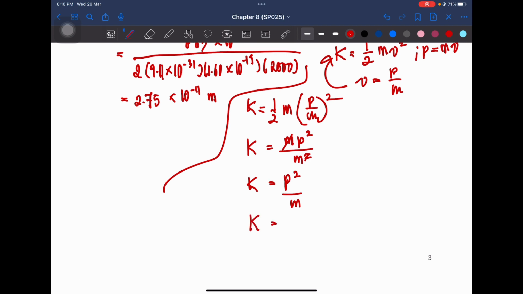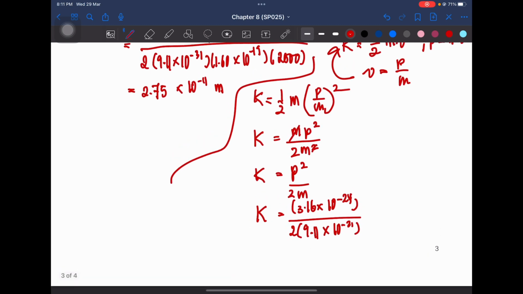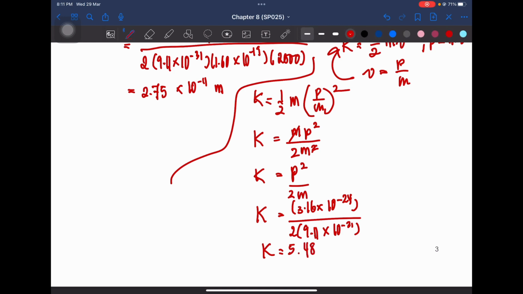So the kinetic energy: p is what, again? 3.16 times 10 to the negative 24, squared, divided by 2 times 9.11 times 10 to the negative 31. You will then get 5.48 times 10 to the negative 18 joule.